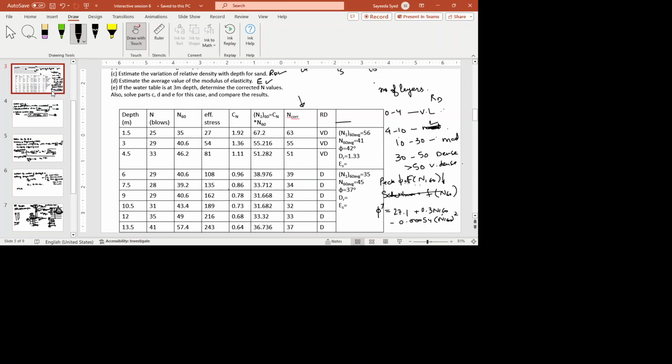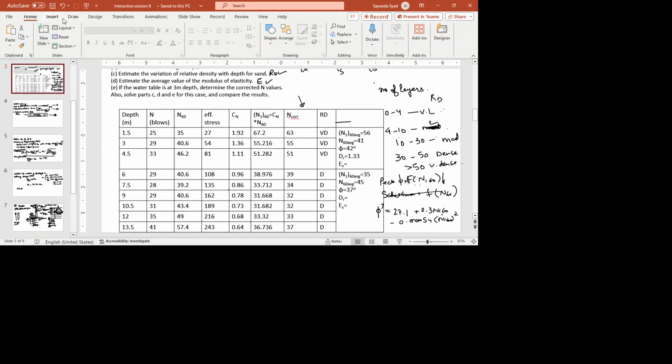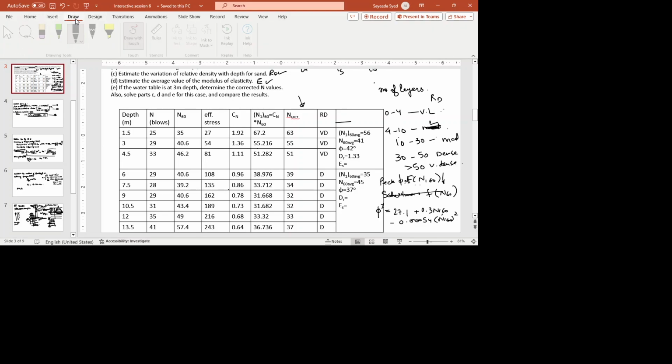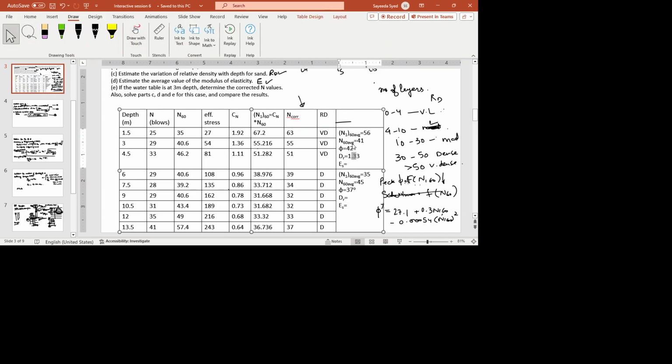Okay, so this comes out to be 96.6 relative density from Skempton's relation, because the Dr is greater than 35.